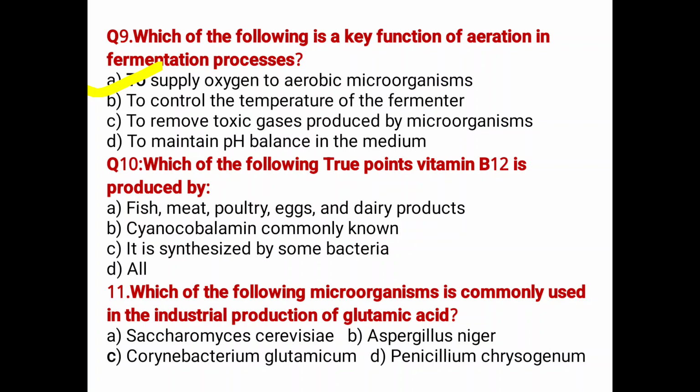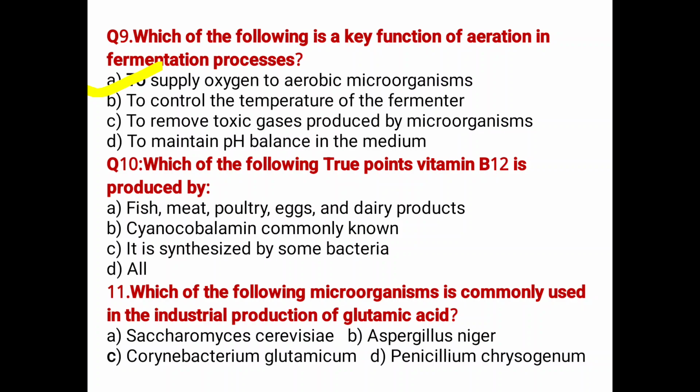Next MCQ. Which of the following points is true about vitamin B12? A, its sources are fish, meat, poultry, eggs, and dairy products; B, it is commonly known as cyanocobalamin; C, it is synthesized by some bacteria; and D, all.